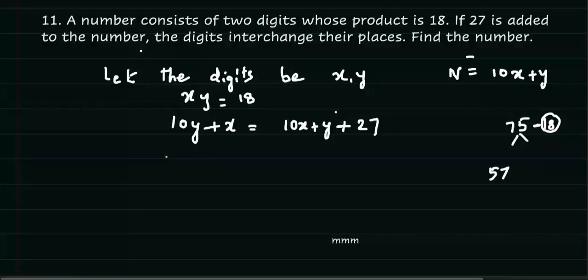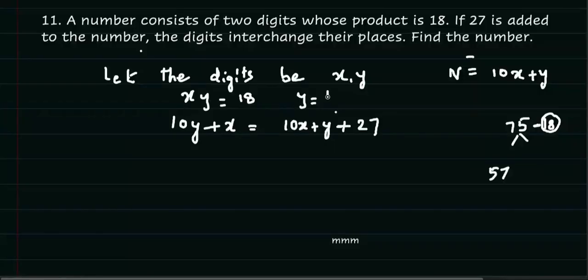This is the question. So now what happens if I take everything on one side? Okay, before doing that, I will use y as 18 by x here to make it uniform, so that I can solve it properly. Wherever y is there, I will write 18 by x.